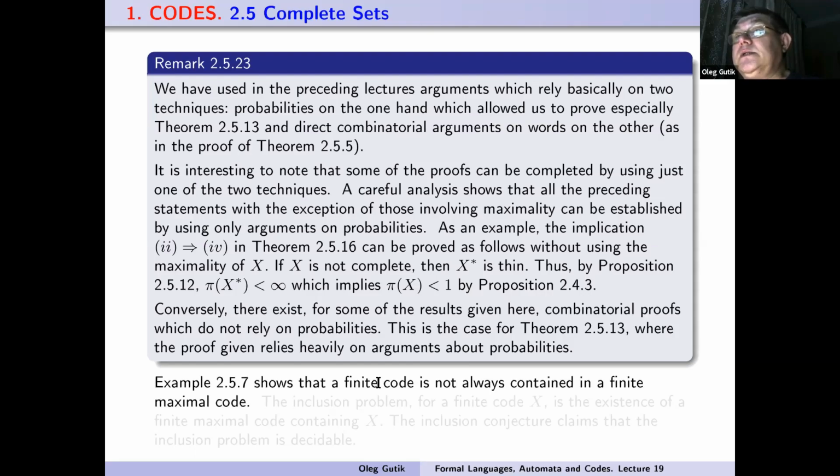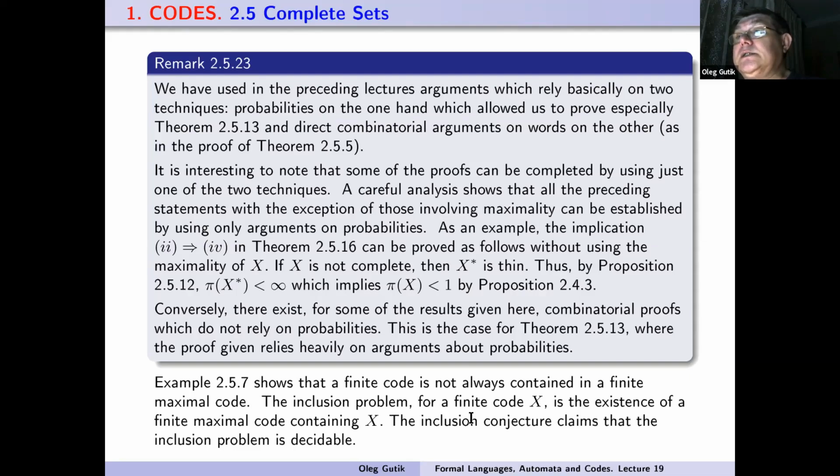Example 2.5.7 shows that a finite code is not always contained in a finite maximal code. The inclusion problem for a finite code is the existence of a finite maximal code containing X. The inclusion conjecture claims that the inclusion problem is decidable.